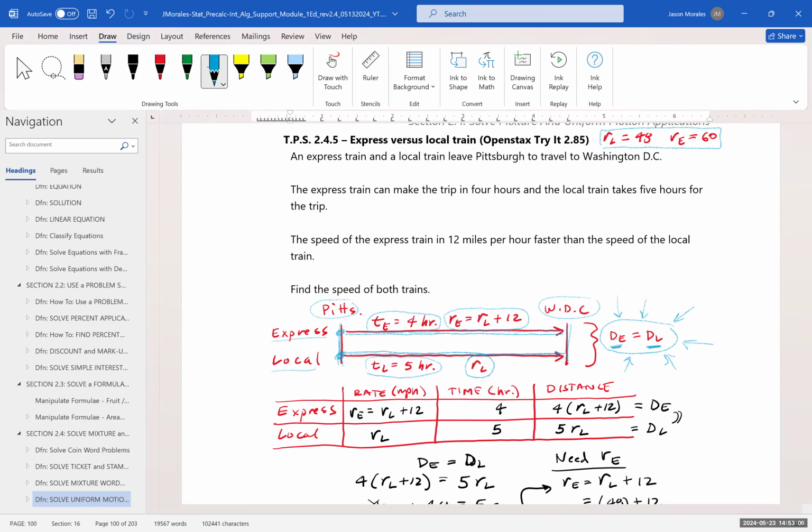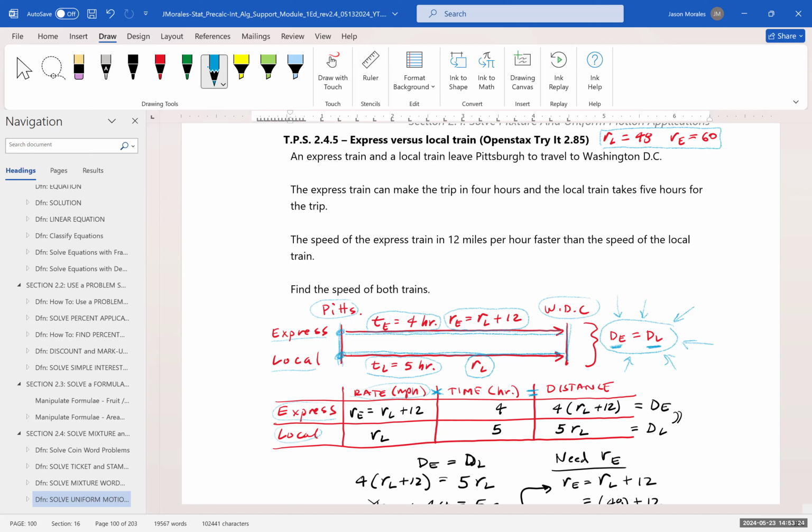Okay, so here I've created this table with express and local rows and these columns of rate, time, and distance. And that's because rate times time equals distance.